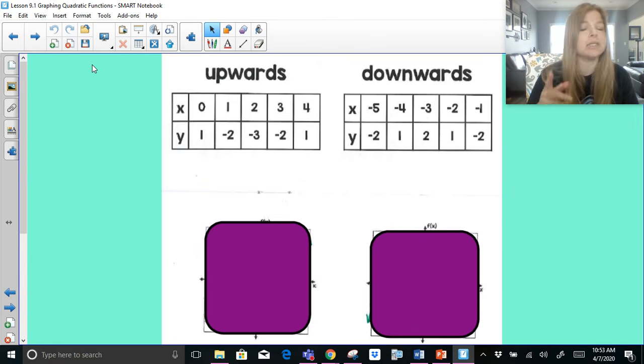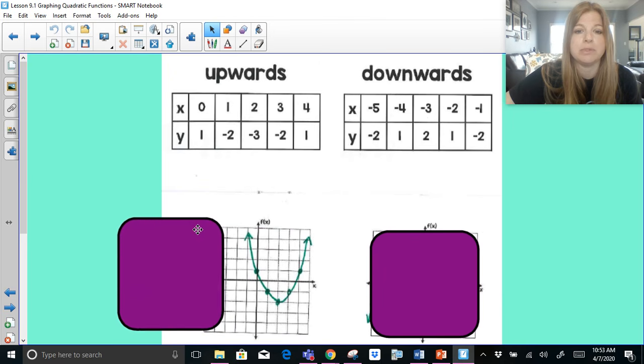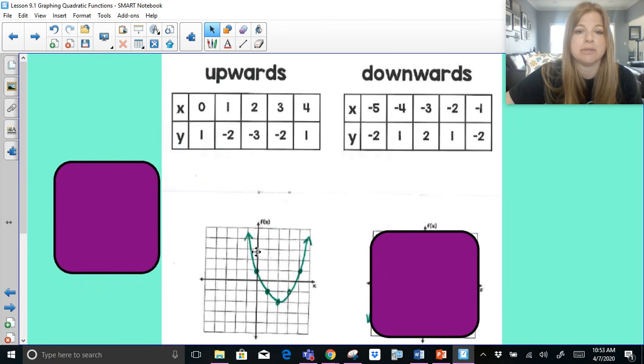Okay, first thing we're going to talk about is the shape. So a parabola can have an upwards shape or a downward shape, and here's what I mean. Here's a table of values that I'm giving you: (0, 1), (1, -2), (2, -3), (3, -2), and (4, 1). And if I was to plot those points here, this is an upwards facing parabola.